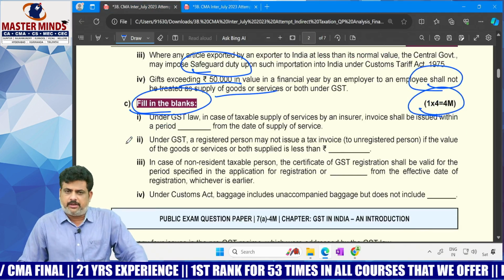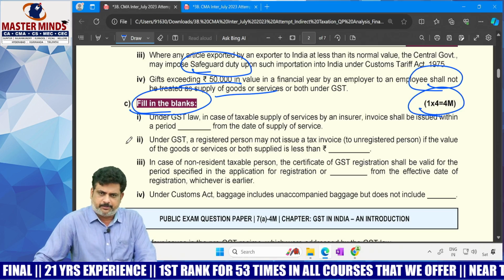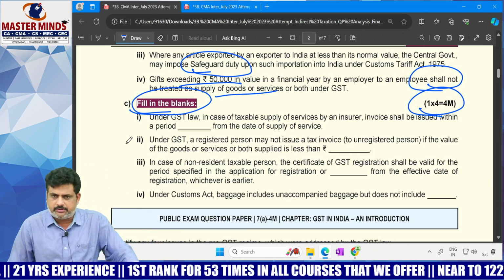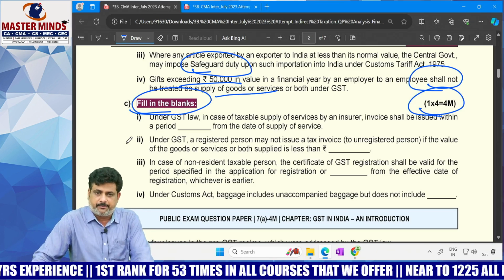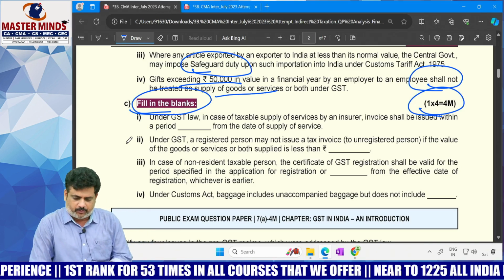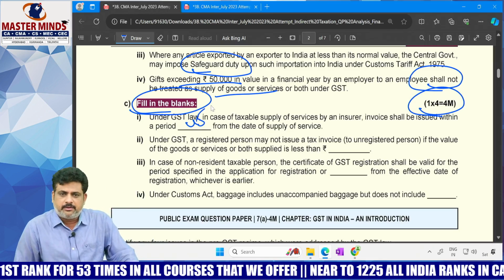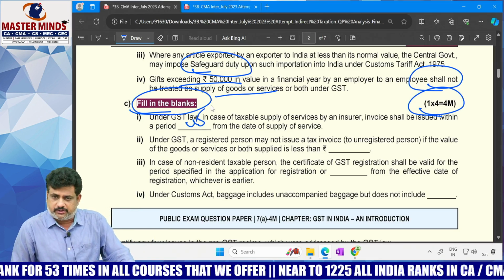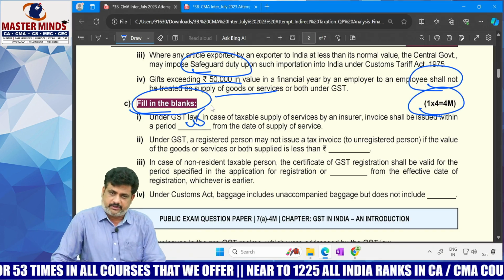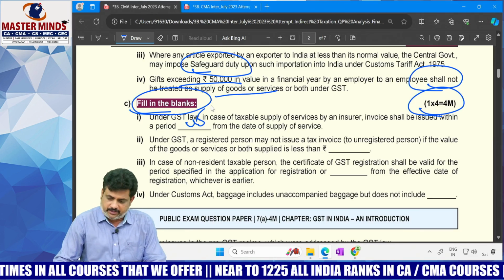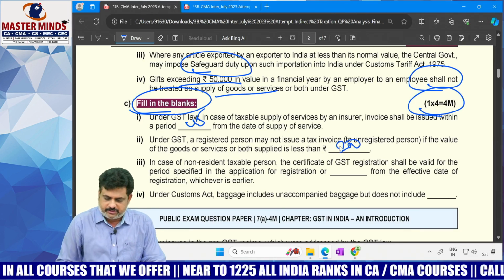So under GST law, in case of taxable supply of services by the insurer, the invoice shall be issued within a period of how many number of days? 45 days. Straightforward one. Under GST, a registered person may not issue the tax invoice to the unregistered person if the value is less than 200.